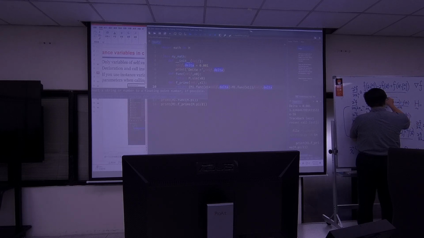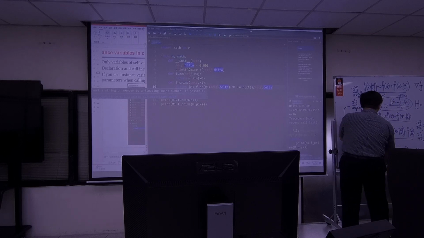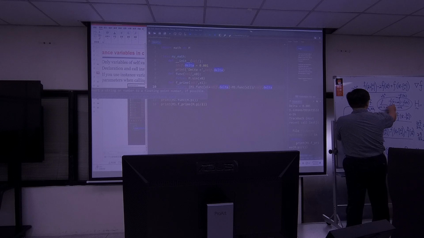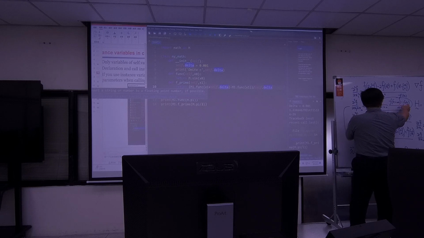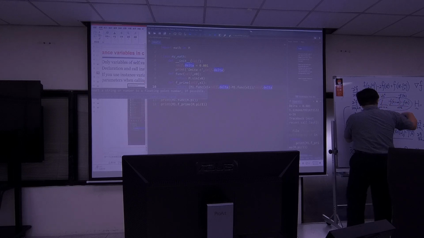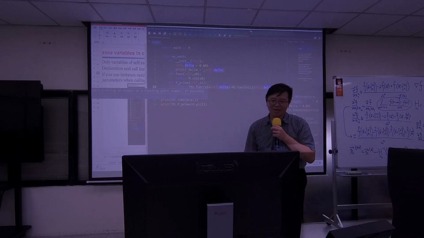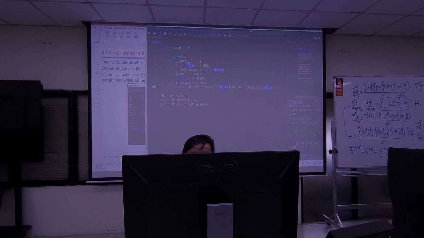This is the definition of f prime, right? So I'm doing this in the computer. I plug in a value plus delta x, minus the value by itself, divided by the small increment delta. That gives me f prime. This is how you compute f prime.